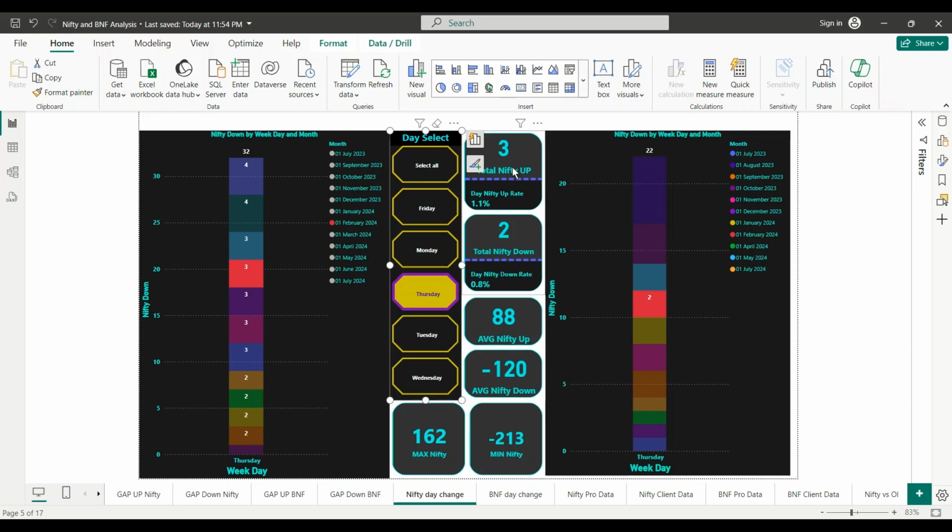So 3 times it moved up and 2 times it was down. If you hover over it, it will show 3 times up, 2 times down. And the total number of trading Thursdays in the past year shows 32 Thursdays up and 22 Thursdays down.